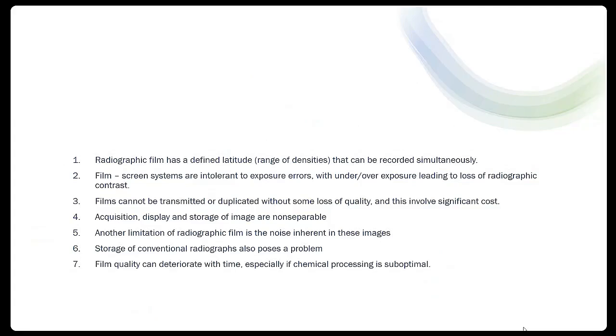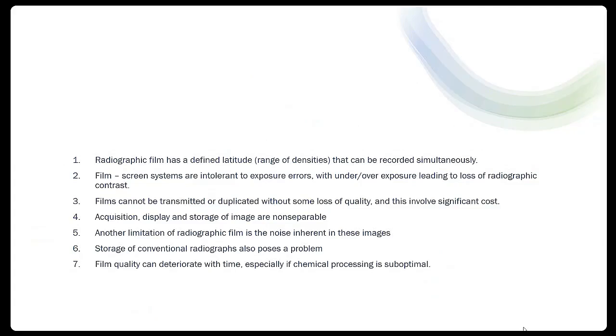Now the second limitation is film screen systems are intolerant to exposure errors, with under or overexposure leading to loss of radiographic contrast. So there are exposure errors occurring like underexposure or overexposure, which lead to the loss of radiographic contrast.